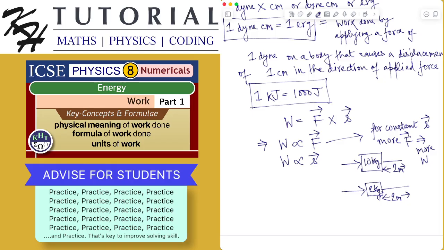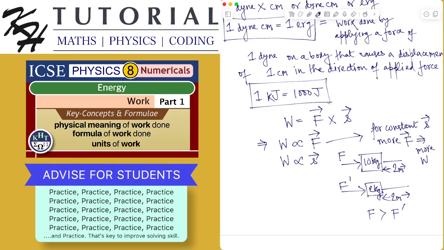More effort means you have applied more force. If this was force F and this was force F dash, we can clearly say that F must be greater than F dash. More force was required to move the body of 10 kilogram by 2 meter than to move the body of 2 kilogram by 2 meter.